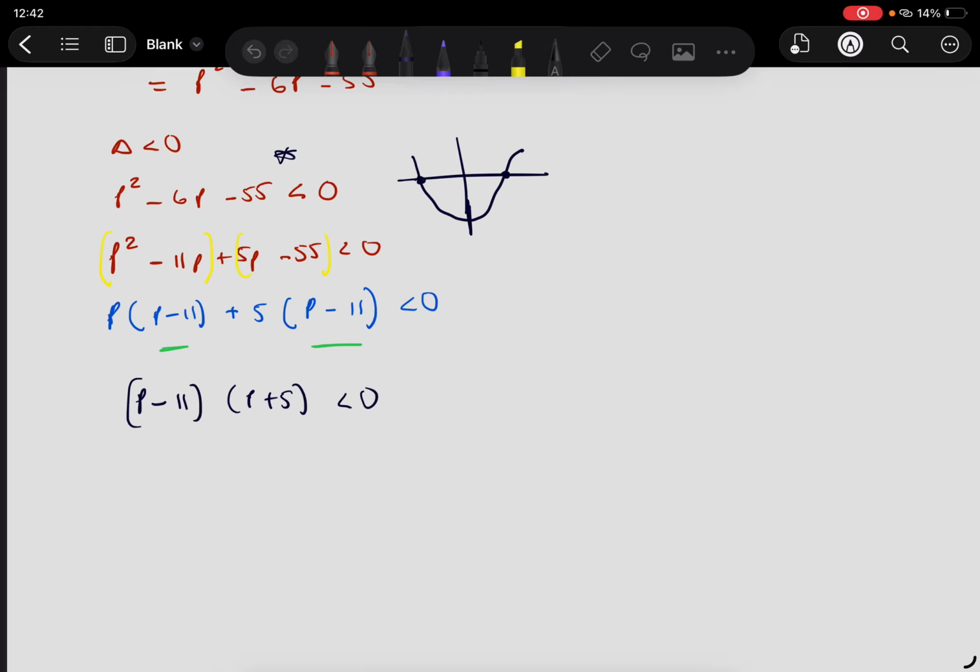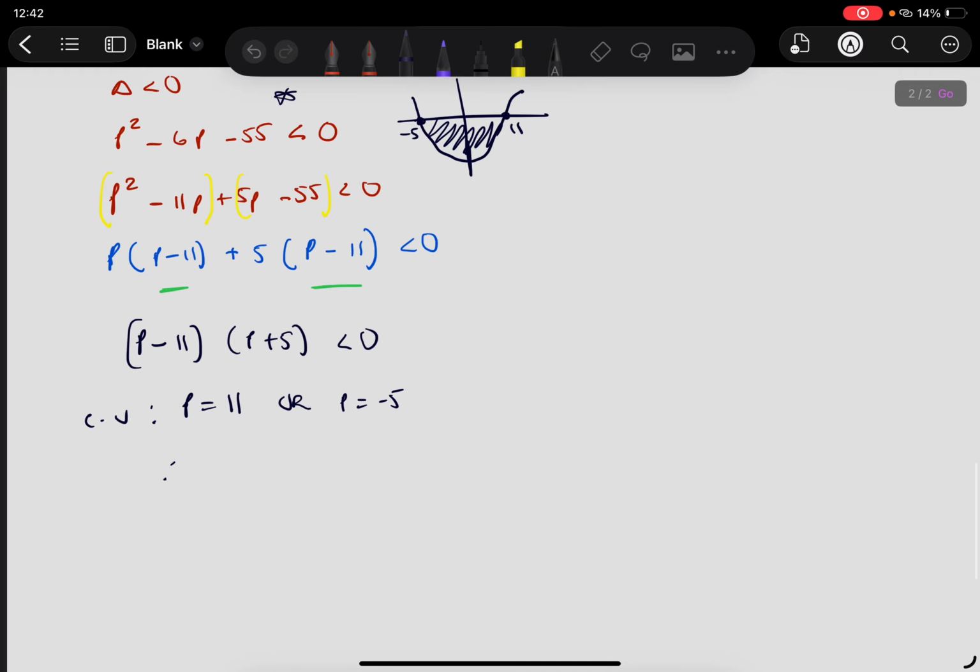Our critical values, as they are called, will be p is equal to 11 or p is equal to minus 5. So this is your minus 5 and your 11. We're looking at the point where the graph is less than 0 and negative. So it's between these two roots. Therefore, p is between negative 5 and 11.